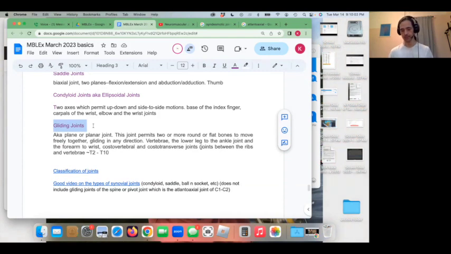It's the bones in the body which have flat surfaces that contact each other. Pelvis. Higher than the pelvis. I know the joint you're thinking of. That's not bad thinking, but I think those are amphiarthrotic joints. And the gliding joint is a diarthrotic joint.